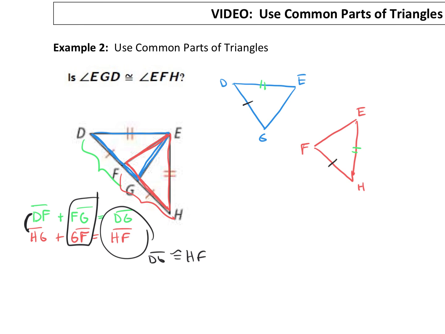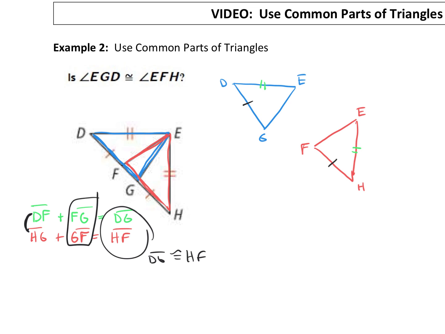Okay, so the next thing we want to look at, sometimes you'll find that going back to the original big picture, I'm going to erase just a little of this to get out of my way. Going back to the original big picture can be helpful, or looking at your two overlapping triangles separately can be helpful. If I look at the big triangle, triangle DEH, do you notice how we have two congruent sides?